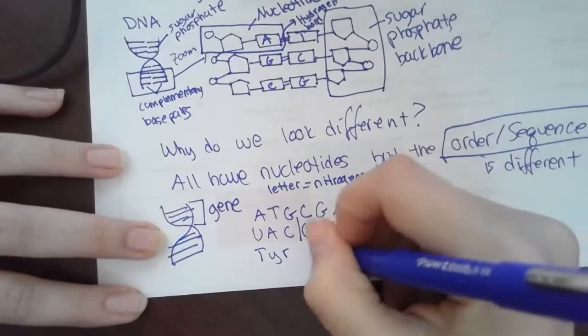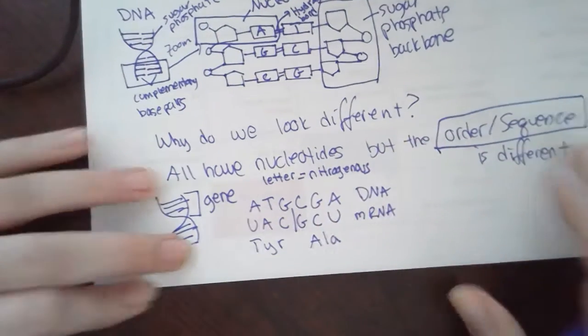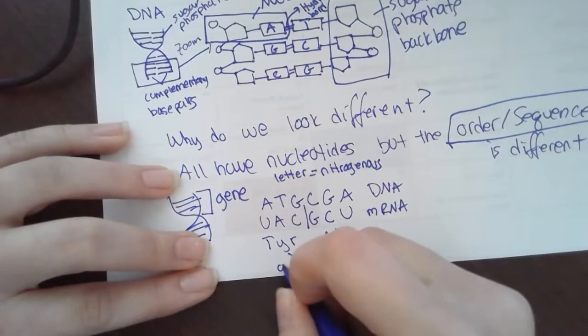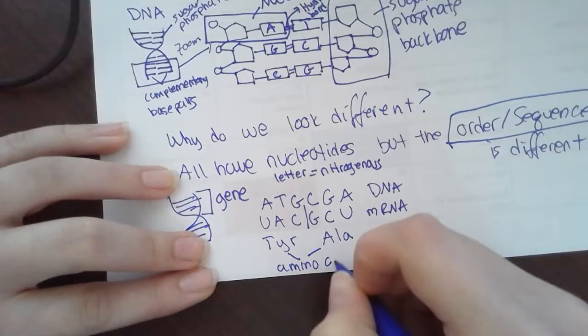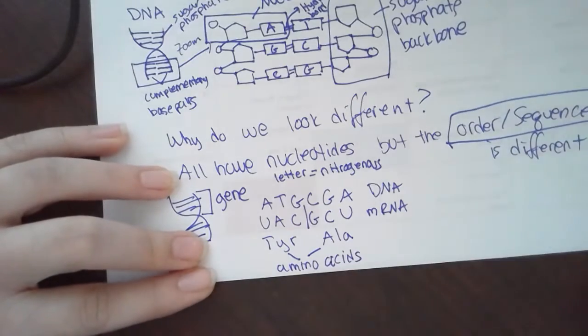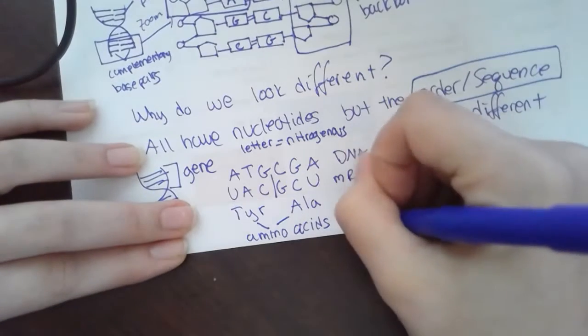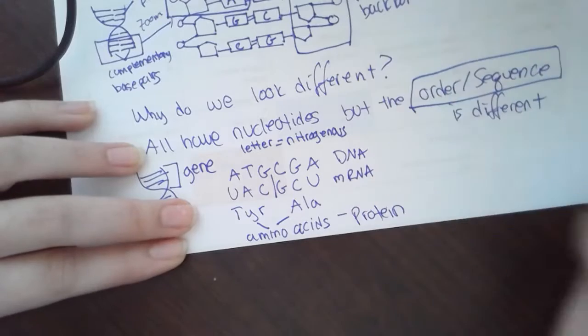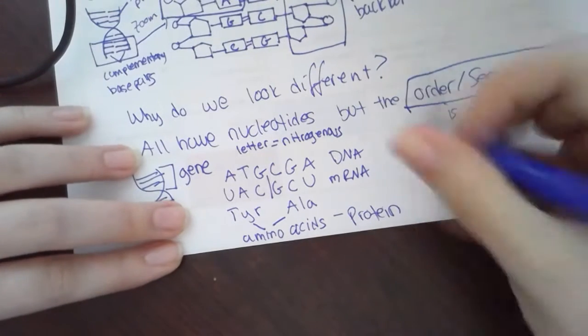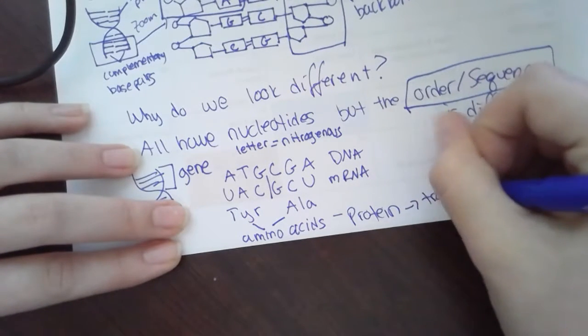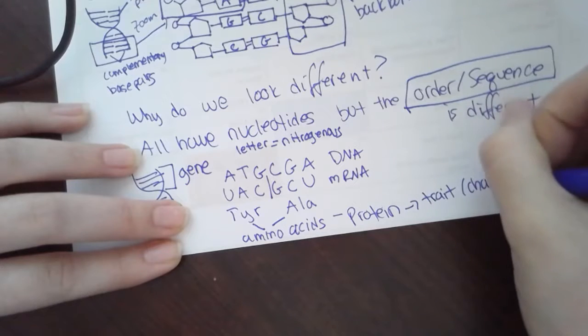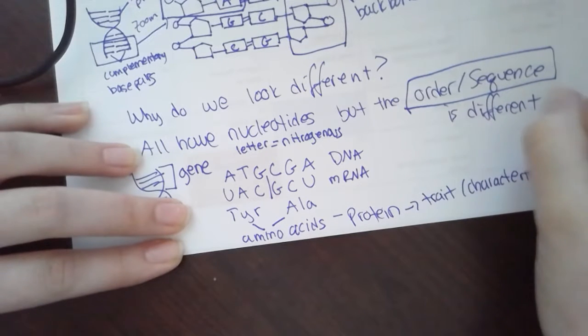I would be using an mRNA codon chart for this. Alright, these are now my amino acids. Now when I string a bunch of amino acids together, I get protein. And when I actually express that protein, that becomes my trait or characteristic, basically how we look.